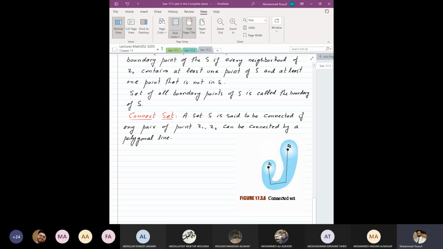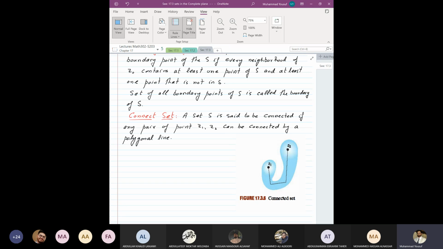The set of numbers satisfying Re(z) not equal to 4 is an open set, but it is not connected since it is not possible to join points on either side of the vertical line. So here is one example in your book.